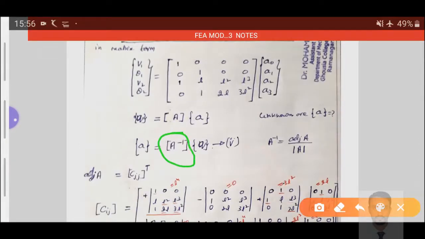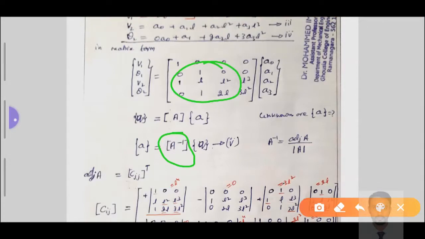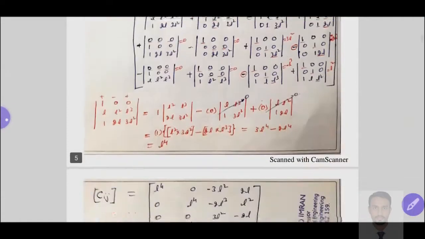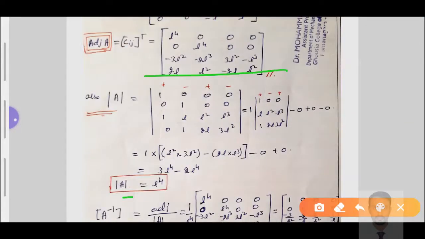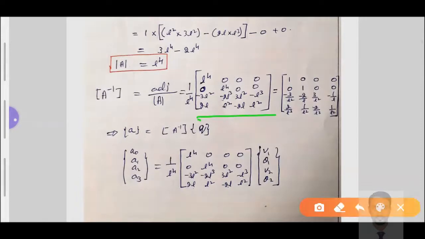Then the inverse of the A matrix is the adjoint divided by the determinant: the adjoint matrix divided by L power 4. Then this L power 4 is multiplied inside the matrix. L power 4 becomes 1, L power 4 becomes 1, then this will be 0, 0, and again L power 4 gets cancelled with this: 1, 0, 0.